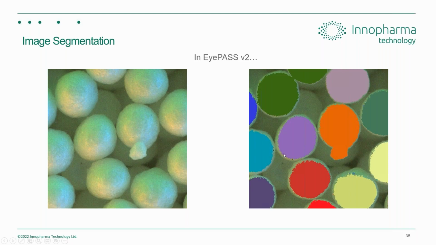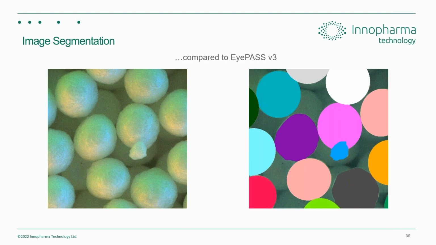It doesn't conform to the particle edges, and there are noisy bits that are detected around those as well. And by using convolutional networks in IPAS v3, we see the output that we saw earlier, which is much cleaner, and we can even deal with partial occlusions here.